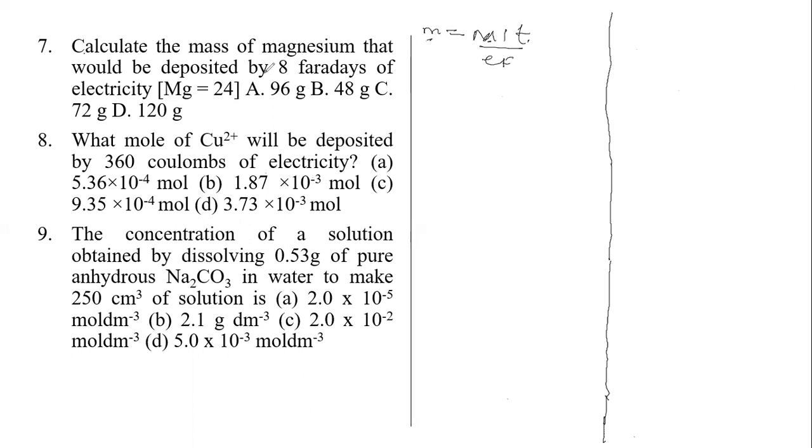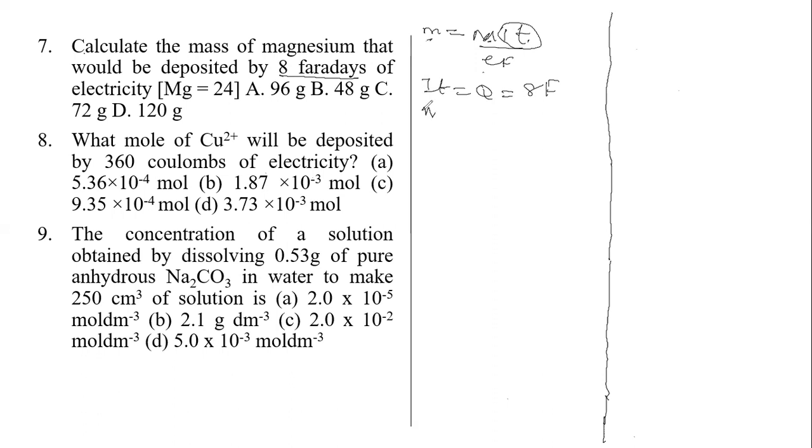IT is the quantity of electricity, 8 Faradays. You can recall that 1 Faraday is 96,500 coulombs. So this IT is in coulombs and it is 8 Faradays. So that's the quantity of electricity.